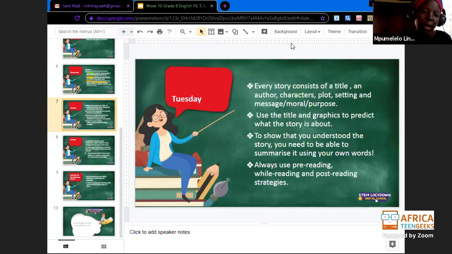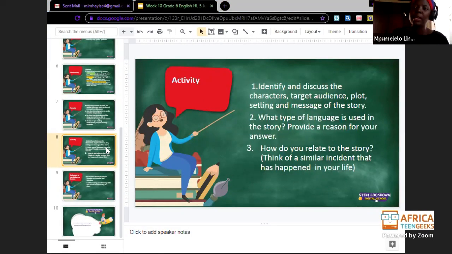Okay, now let's look at this slide. Remember on Tuesday, I was reading the story. For those of you who did not hear the entire story, can you guys just listen? I was reading an extract from Diary of a Wimpy Kid, from page 8 up until page 12 or 14, I think.